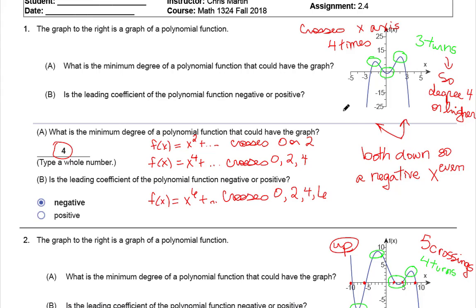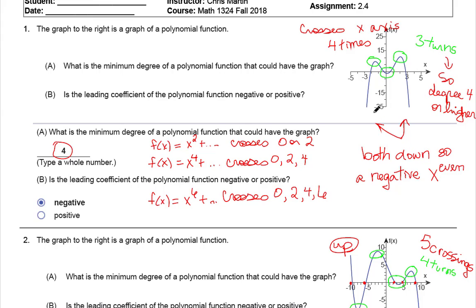Well, we know it's negative because both ends are down, and that happens when it's a negative times x to the even. Now, in green here, we have what I would call turning points, places where the graph turns. So there's 1, 2, 3 of those.